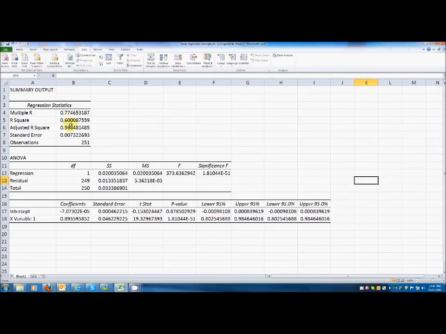First of all, R squared is basically a measure of how well one piece of data explains another. In this case, how well does the market return explain GE's return? The R squared here is 0.60. That means that 60% of the variance in General Electric can be explained by the variance in the market.